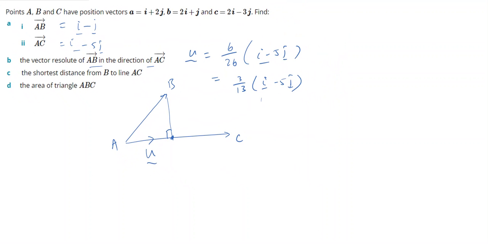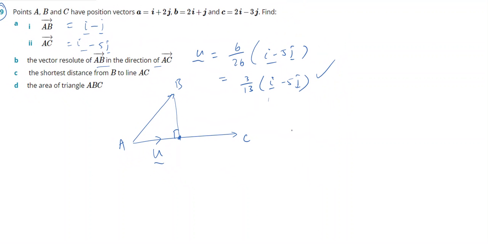Now it says shortest distance from B to line AC. So the shortest distance from B, which is this point, and line AC, which is over here, is actually the perpendicular distance, which is over here.